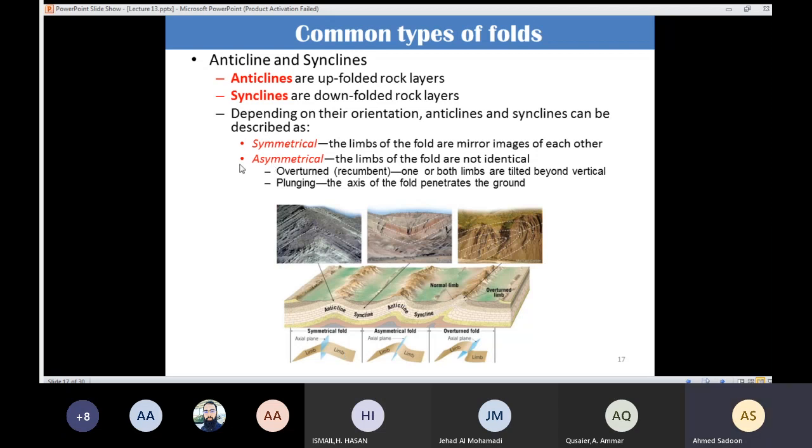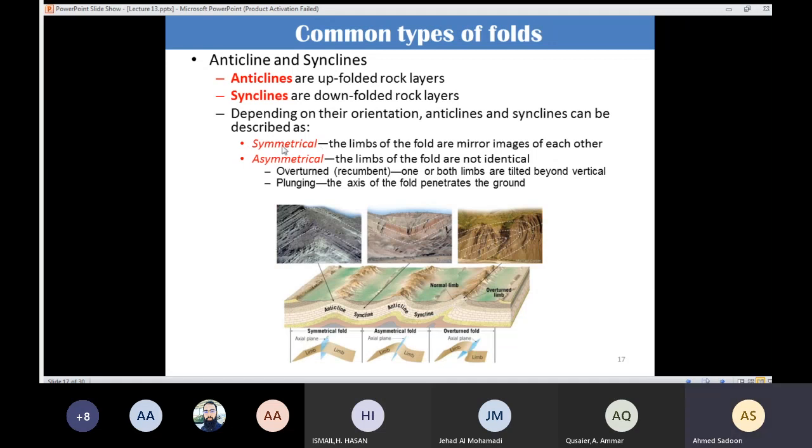If it's asymmetrical, that means the limb on the left-hand side is not identical to the limb on the right-hand side. We call this asymmetrical fold, while this one is symmetrical fold.